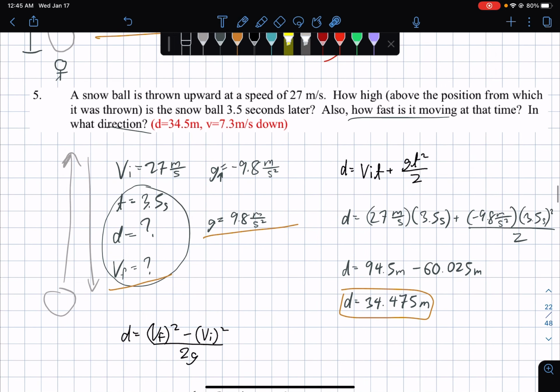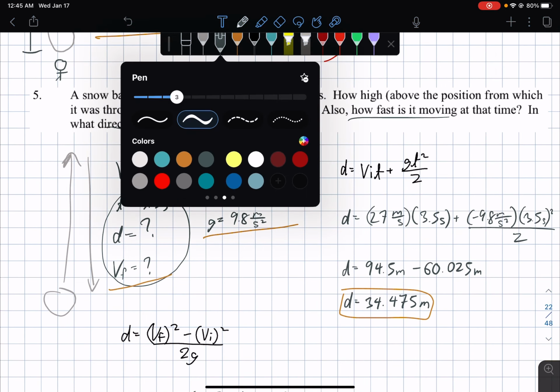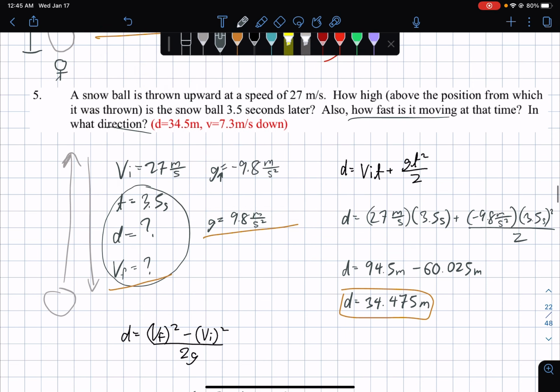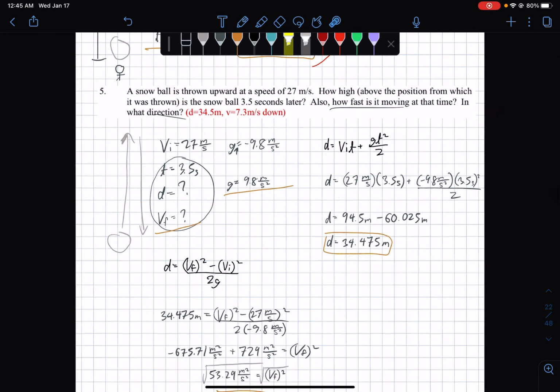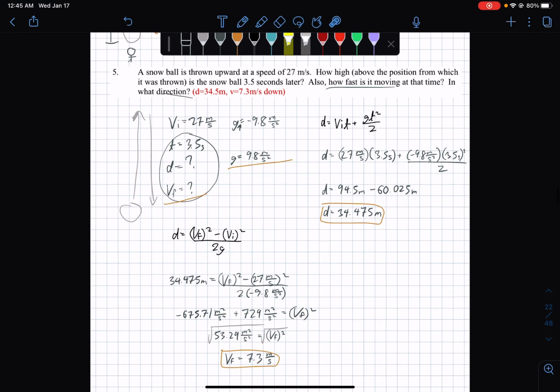Based on the answer key, the distance that we have as well as the velocity, it has to be going down. Maybe. Wait, never mind.